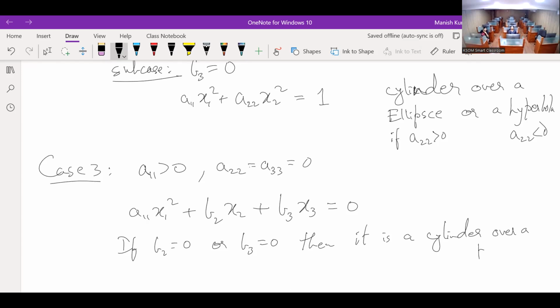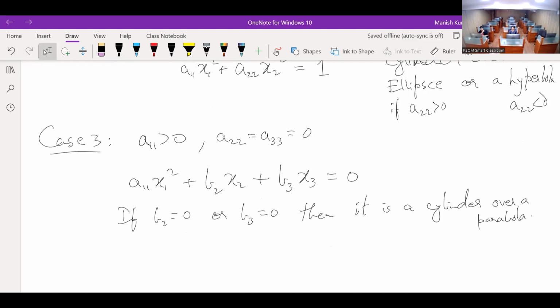Because if B2 is 0, then this is a parabola and x2 can be anything, no restriction on this. Similarly, if both of them are non-zero, then also it's a cylinder over a parabola.